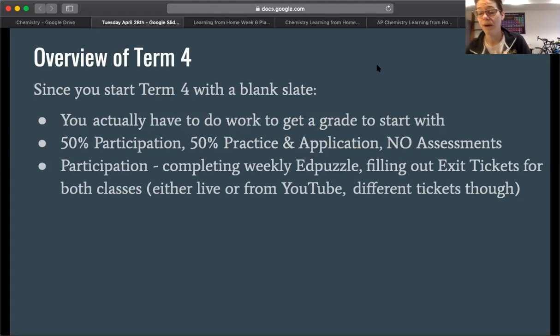Why am I doing it this way? Because the district is mandating that each teacher have 3 points of contact with a student across the week that you can document. Edpuzzle documents when you fill out an Edpuzzle, and the exit tickets are time-stamped. So I have an electronic record of me actually interacting with you.